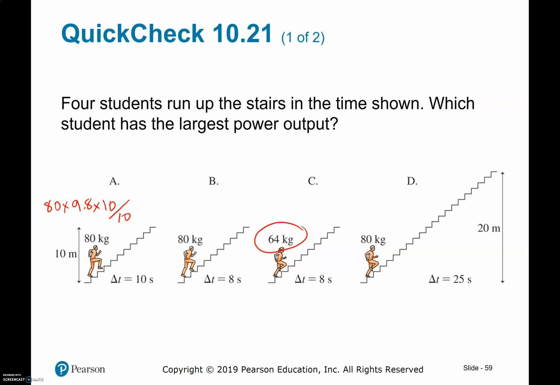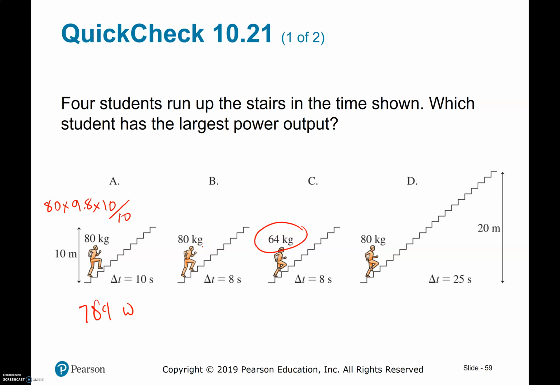I'm not putting the units just to save space. So this is equal to 784 watts. By doing this every second, he's using 784 joules of energy.